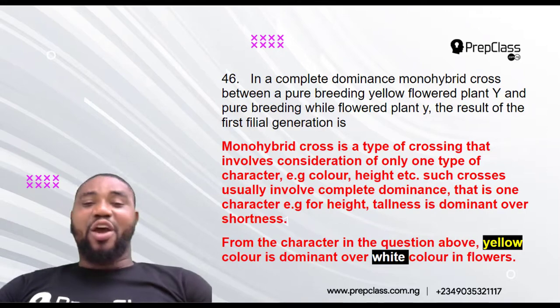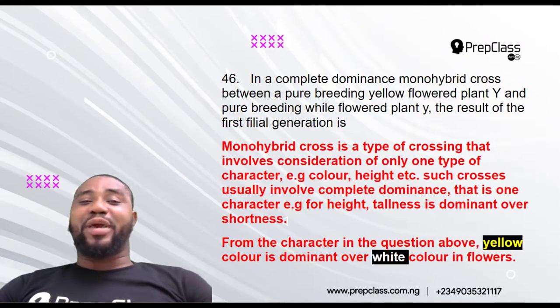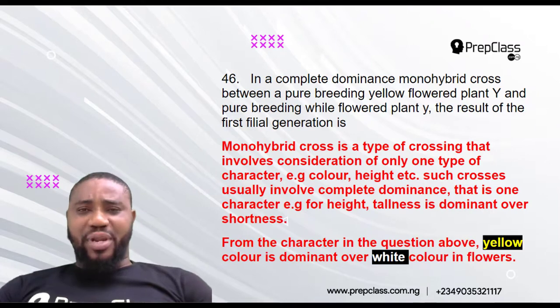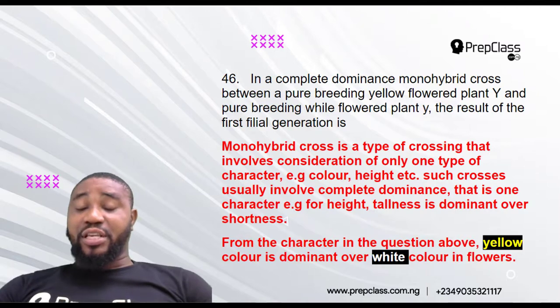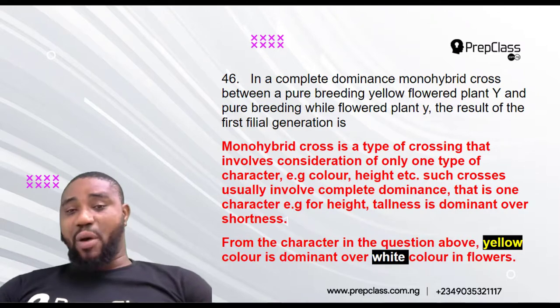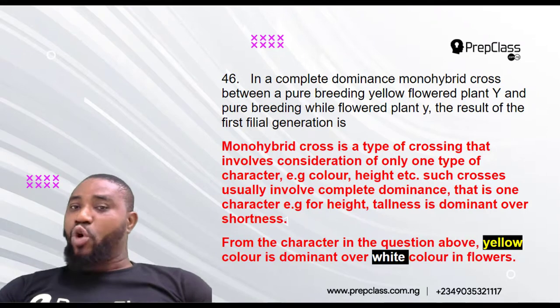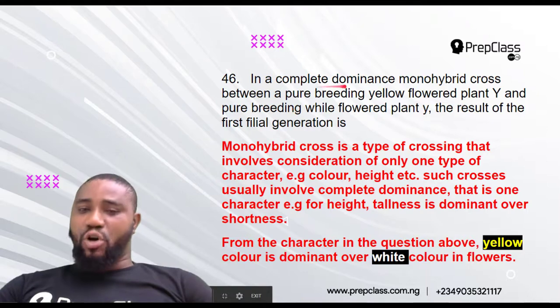Or if you cross a yellow flower and a white flower, don't expect to see a light yellow colored flower. No. Since the gene for red is dominant over the gene for white, if you cross the red flower with the white flower, you may get all red flowers. You only have one type of color. That's what we mean by complete dominance.